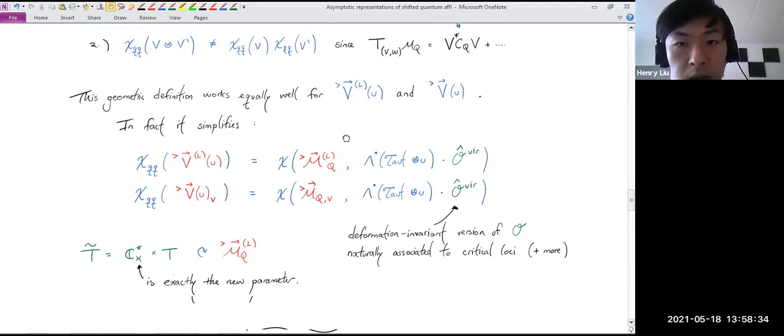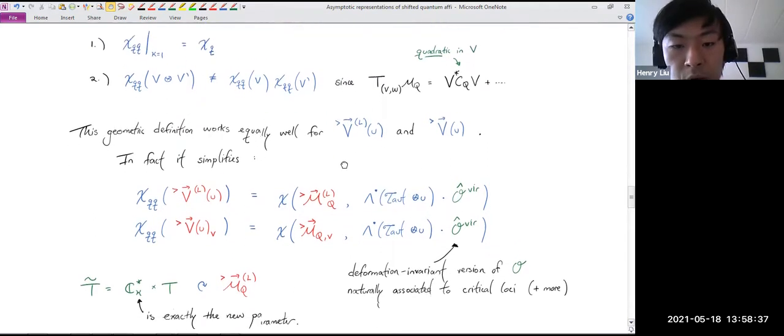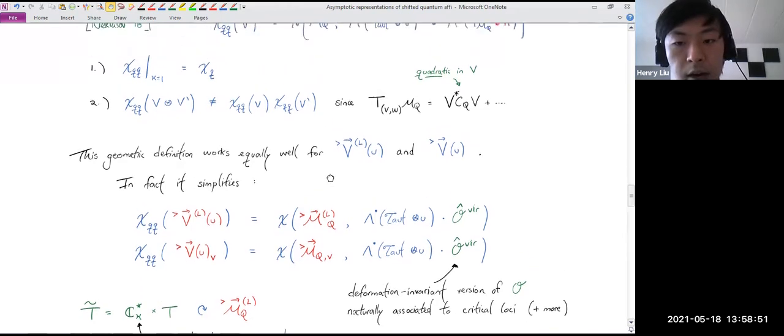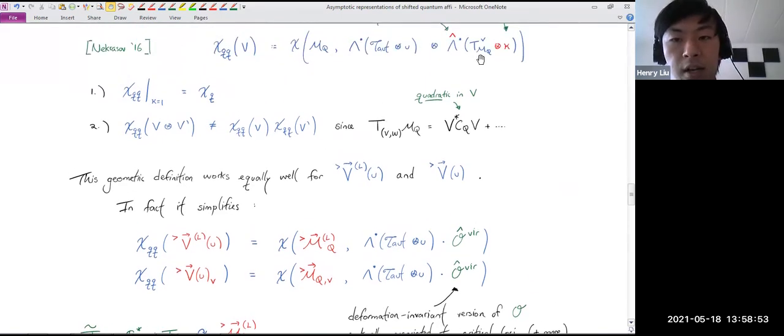For us, the calculation that you have to do is that these critical loci naturally come with certain tangent obstruction theories, and the tangent obstruction theory for the specific critical loci which we've constructed exactly match. They're essentially of the form tangent sheaf of Nakajima quiver variety minus kappa times tangent sheaf dual or something.